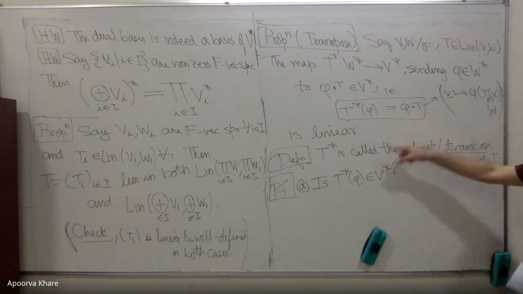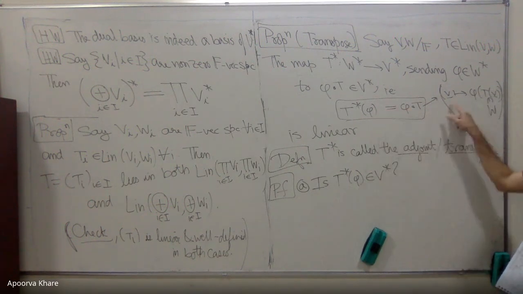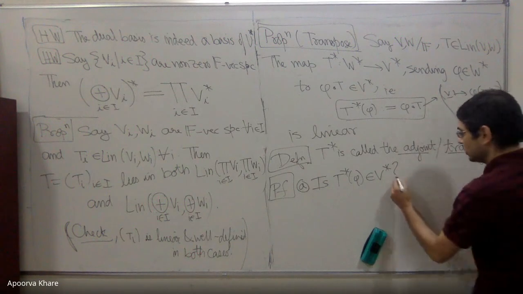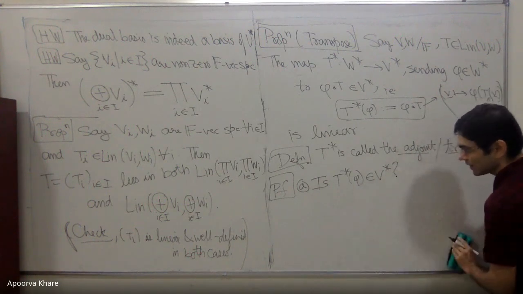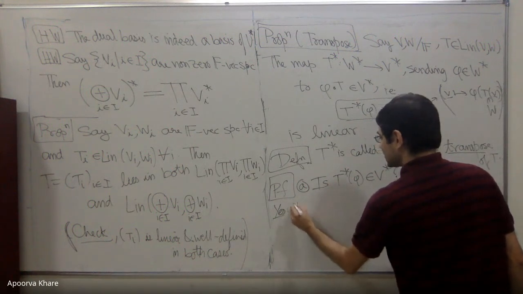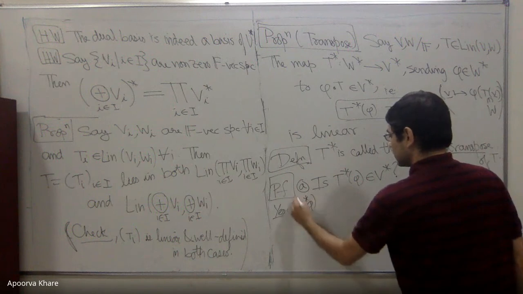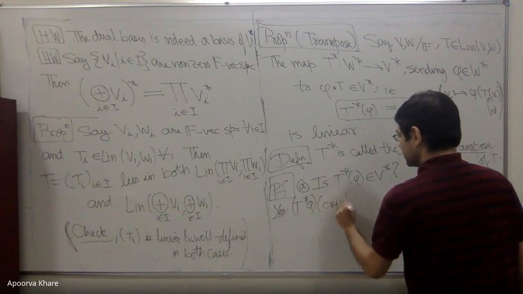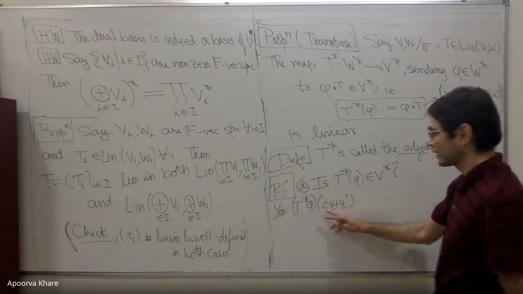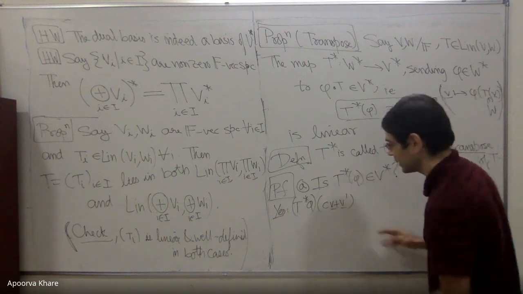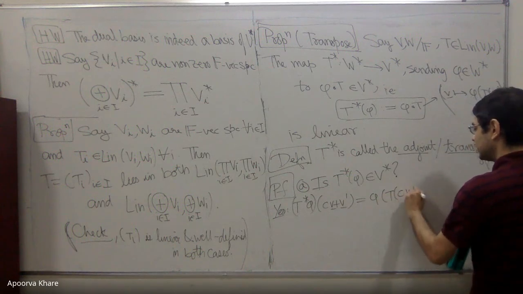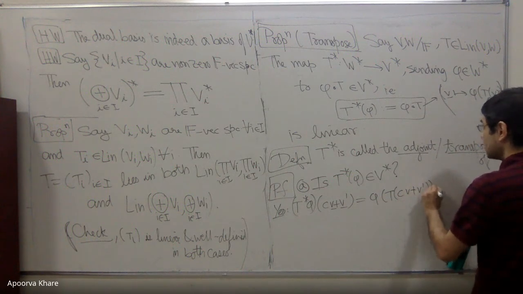Certainly, T star of phi is a function that takes a vector to a scalar, but is it a linear function? So I'm verifying linearity twice. T star phi of CV plus V prime, where these are vectors in V. That's obvious. So this is phi of T of CV plus V prime by definition.